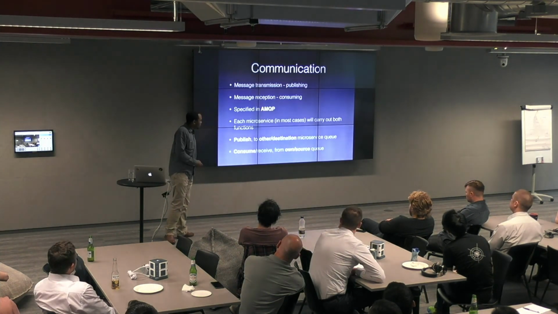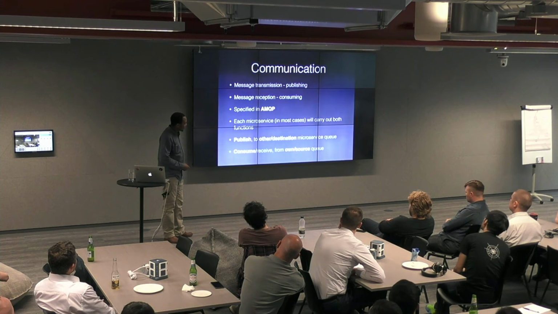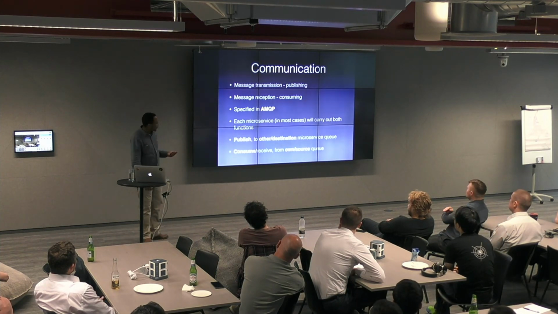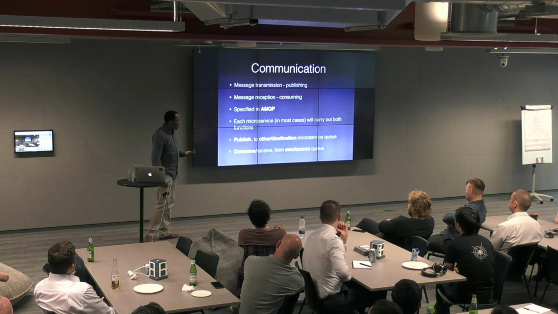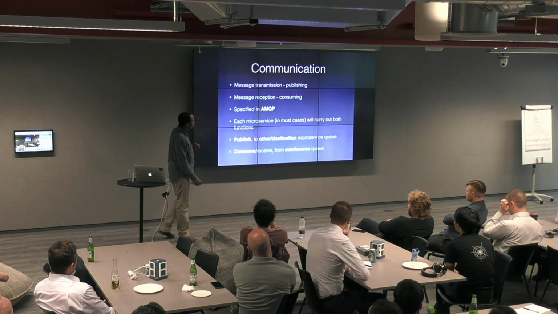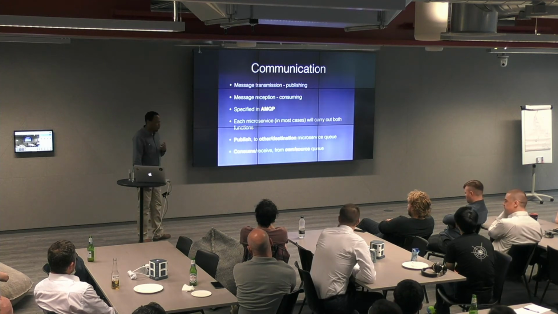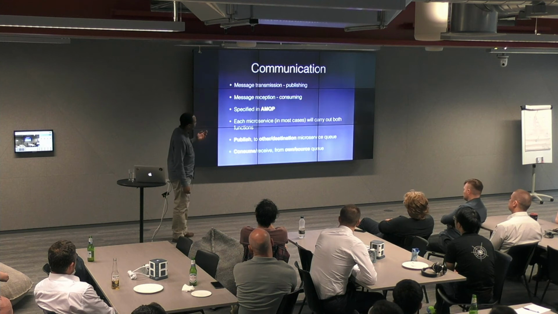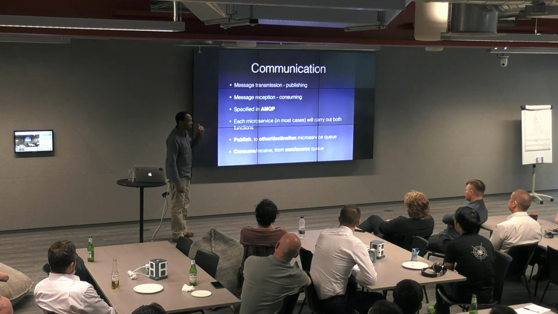And next thing is to establish the communication, right? So we've got our addressing scheme, we've got our routing scheme, and now we want to have our microservices interacting, right? So basically, the whole publish-subscribe idea is, you've got your message transmitter, which is your publisher, right?